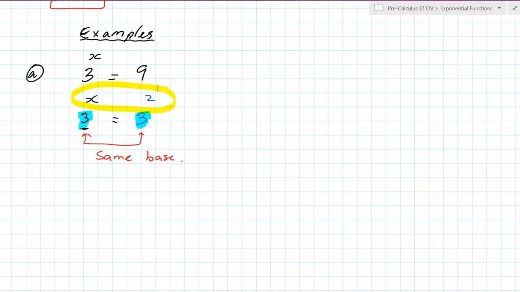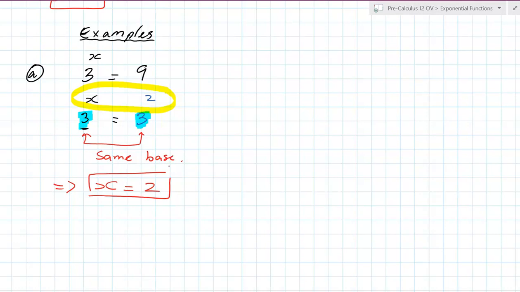That's the only way the left-hand side will be equal to the right-hand side. So based on that, x must equal 2.